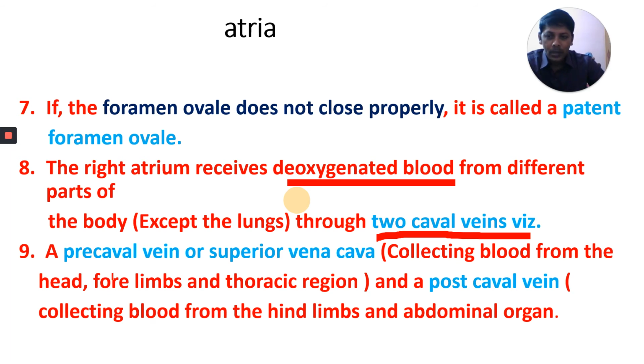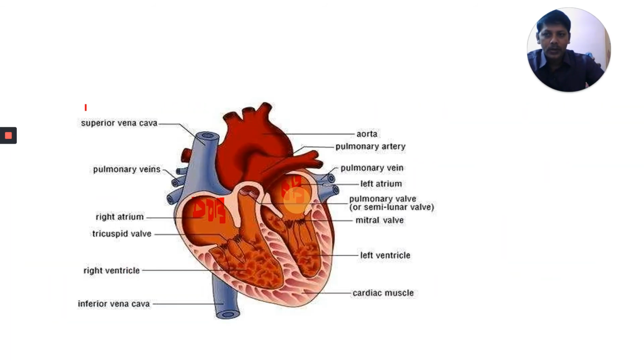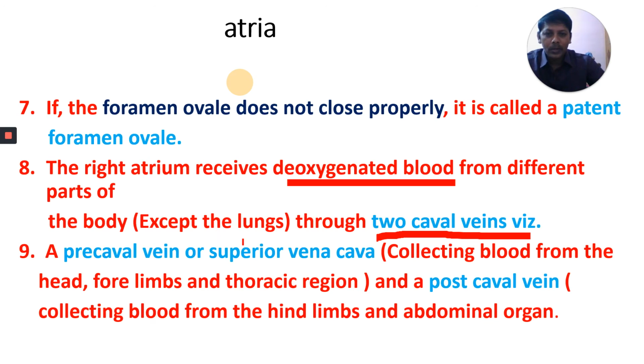What are the two caval veins? One is the precaval vein, also called the superior vena cava, collecting blood from the head, forelimbs, and thoracic region.